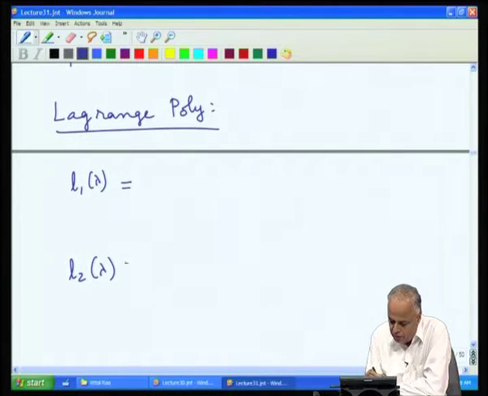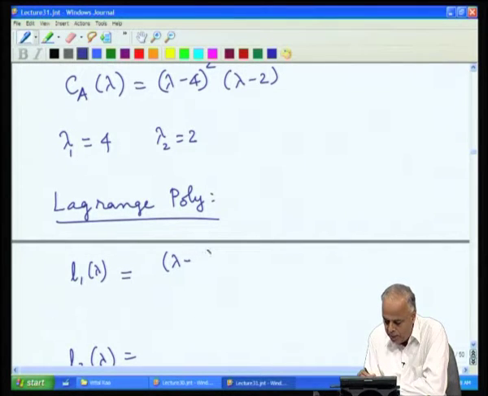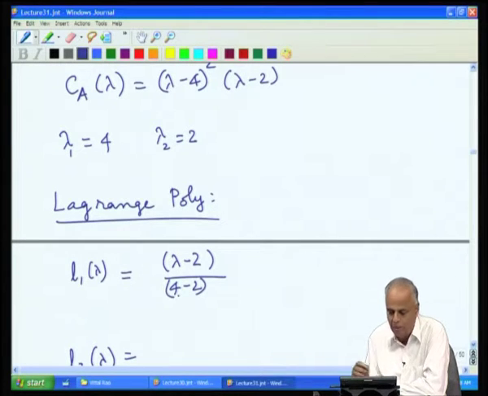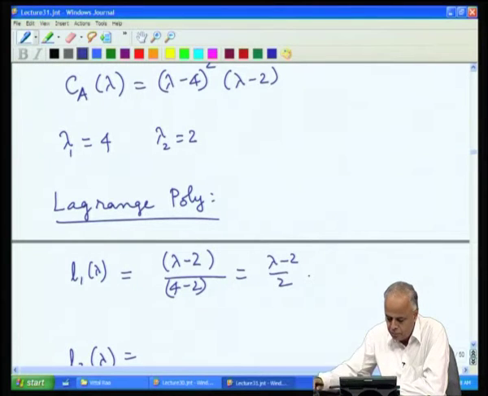How do I get the first one? Out of 2, I have to remove one of them. So, I get lambda minus, I should not take the first eigenvalue, I should take the second one, divided by, in the denominator you replace lambda by the first eigenvalue, which is (lambda minus 2) by 2.